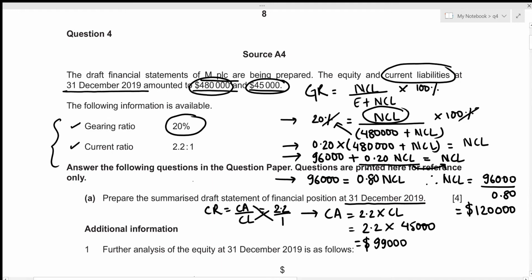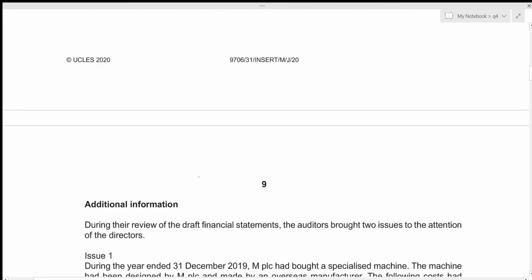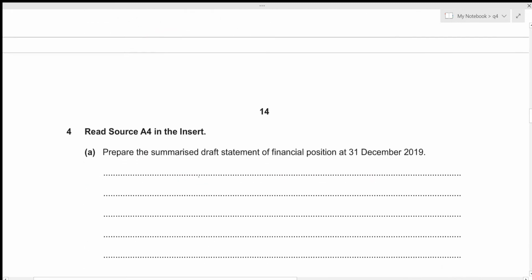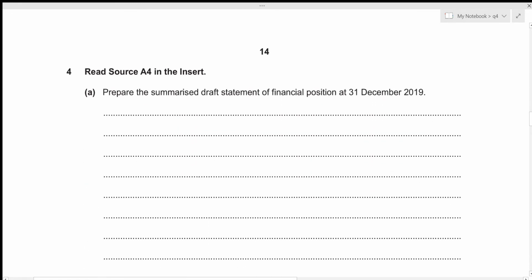Now we can move towards preparing our summarized draft statement of financial position at 31st December 2019. Okay, so let's write down the heading.